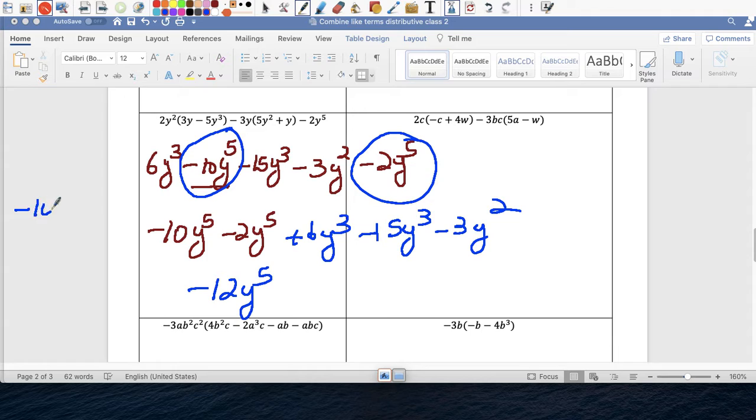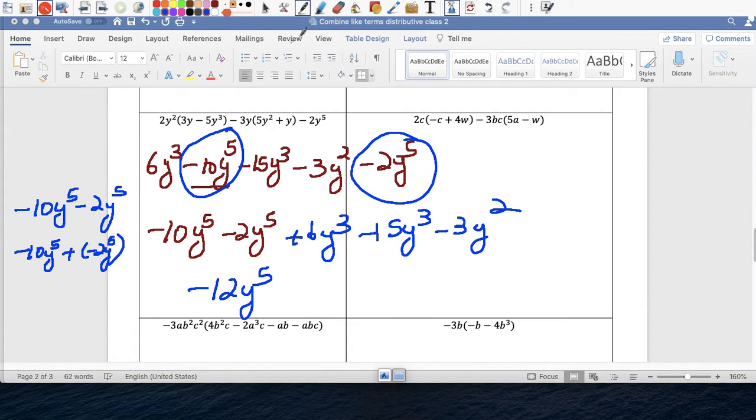If you don't, take it to the side and change this to an addition problem like we talked about. So now you can understand why it becomes negative 12y to the 5th power. The middle ones, is that plus 6y cubed minus 6y cubed? What is this?